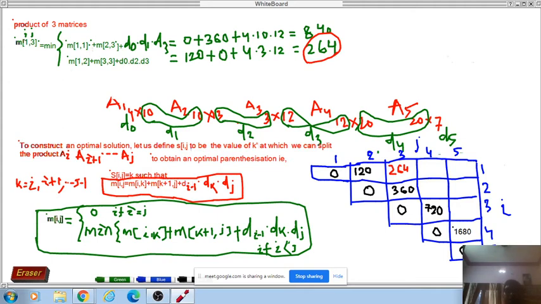One thing you remember: what is my K here? What is the K value? 2.